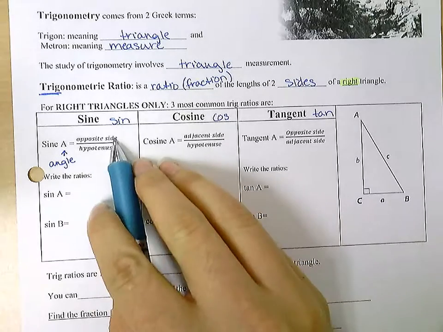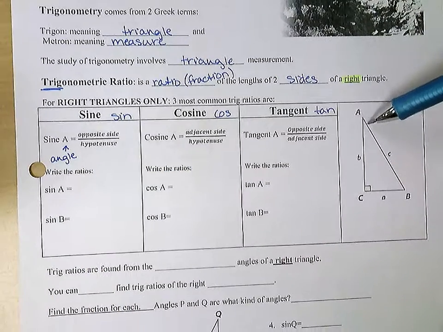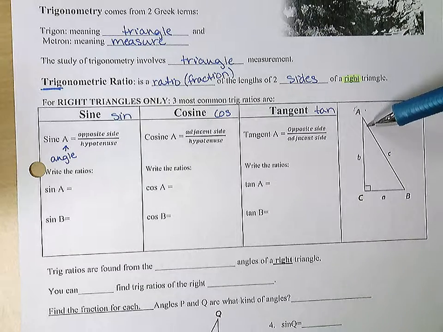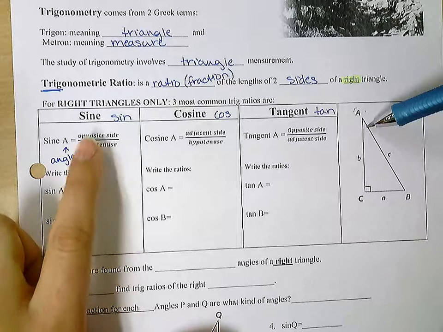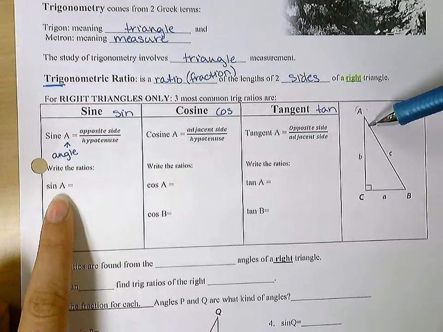Sine is opposite side over the hypotenuse. Looking at my triangle, capital A is this angle right here. We want to find the opposite side over the hypotenuse, so we're going to write the trig ratio for this one.